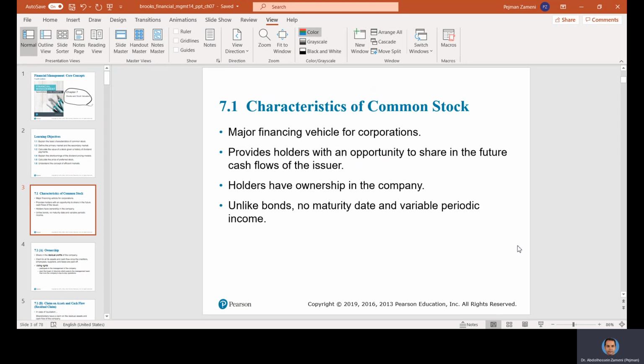Other than that, if you buy the share for, for example, $10, and later the price goes up to $12, then there is $2 of capital gains.